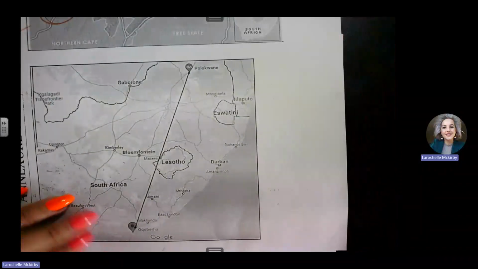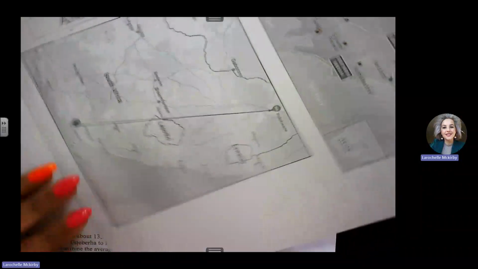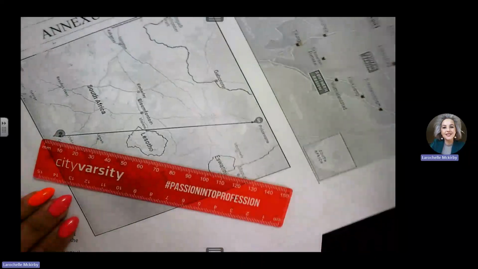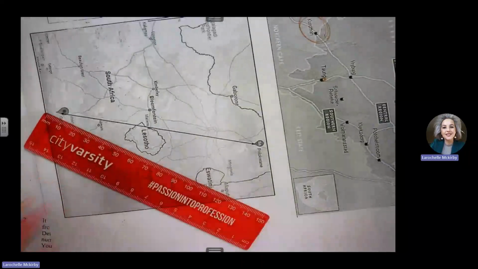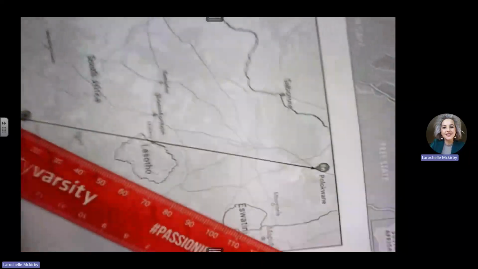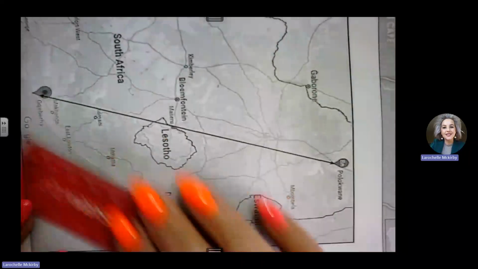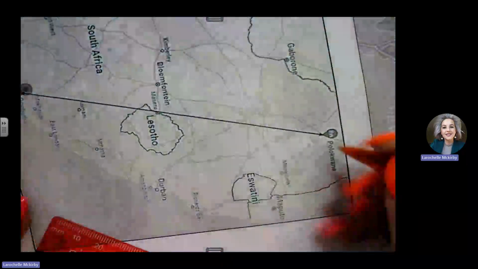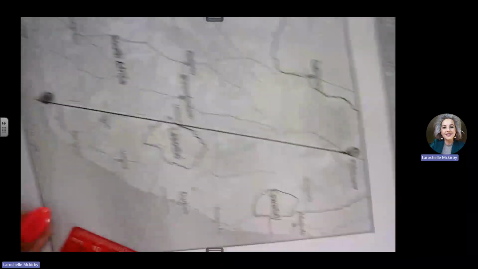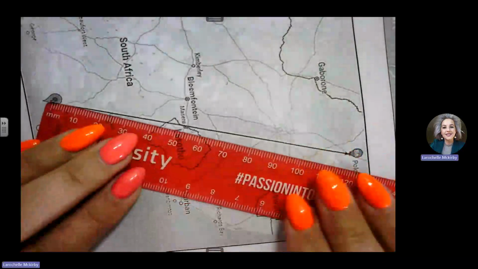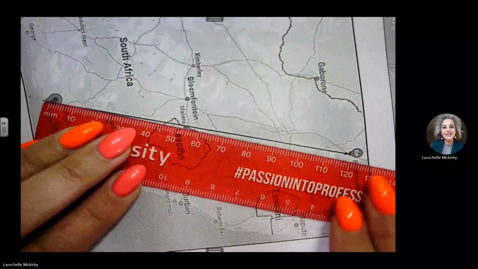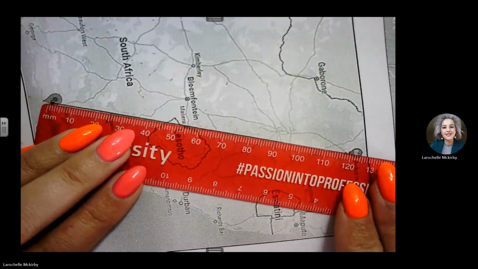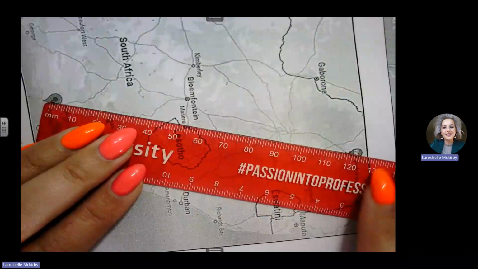Measuring on the map the direct flight distance. So I will take my ruler again, measuring in millimeters because millimeters is very accurate. I'm zooming in for you guys to quickly see here. And I'm going to measure from basically where this arrow ends to where that arrow ends. Okay, measuring that. There we go.